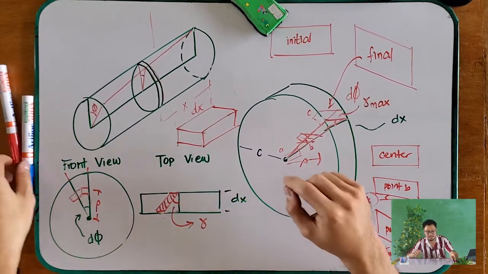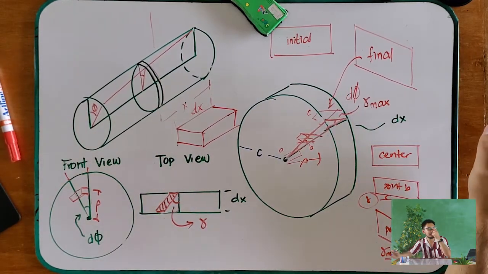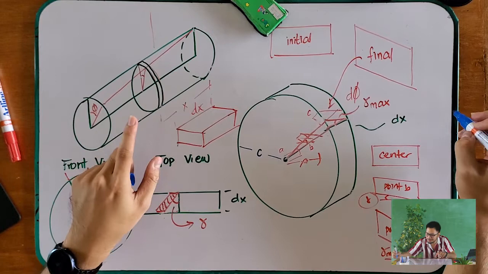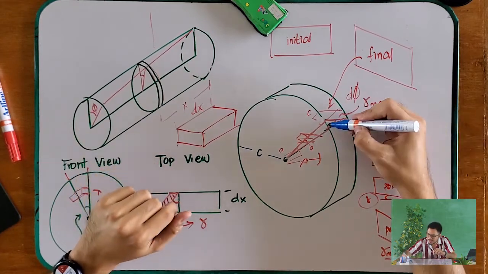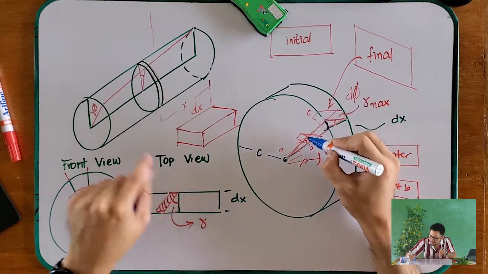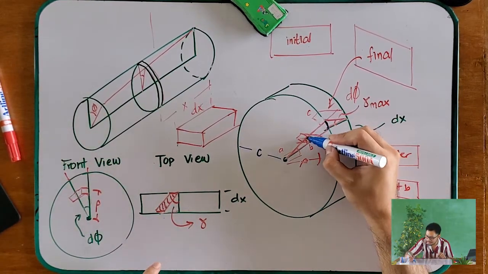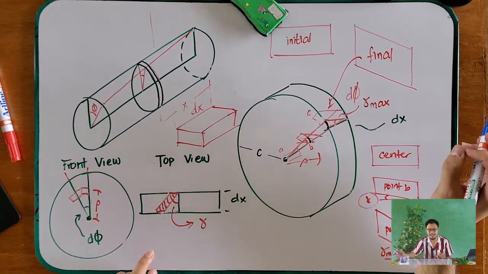They have the same location here, and they have a similarity here. The similarity is this one. And at the same time, here in our element in B, this one, that is your arc length.